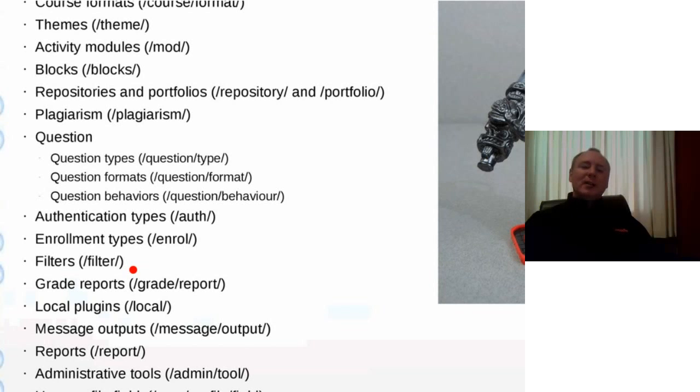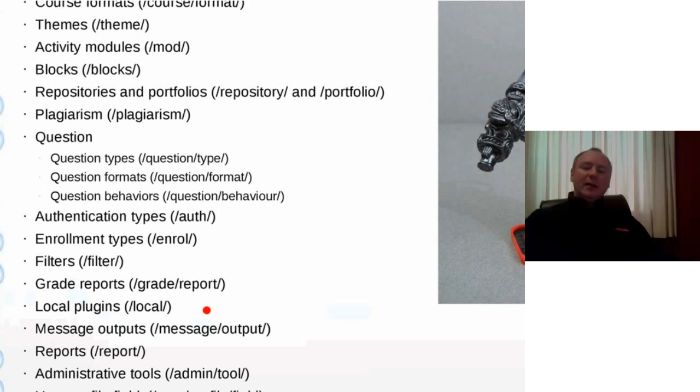If I put in a link, it'll make it a URL. If I put in an activity name that already exists, and I have the activity module auto-linking filter enabled, then it will switch that text into a link to the activity. So filters are a pretty neat area.